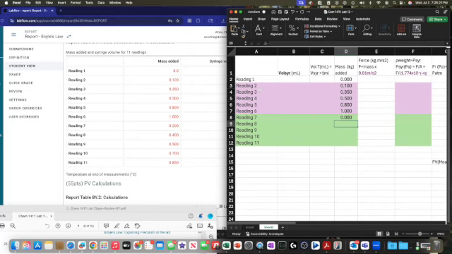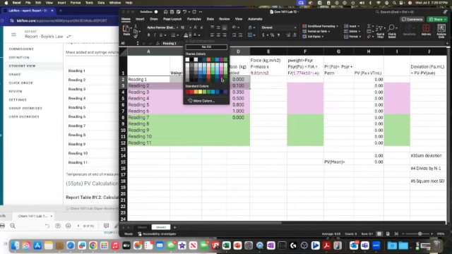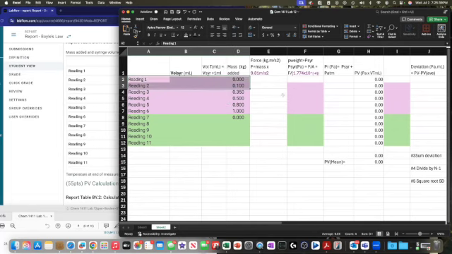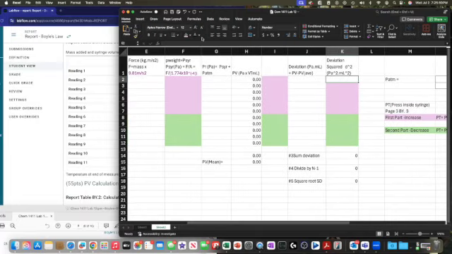The second part of the experiment, the green part, the syringe is pointing upwards. So the purple part is syringe pointing downwards. The green part is syringe pointing upwards, just in case you're wondering.